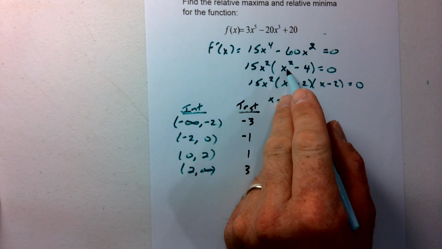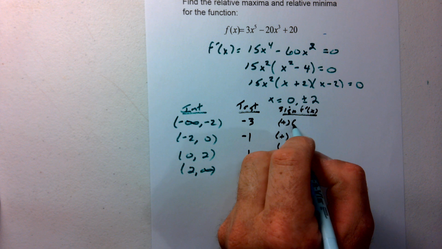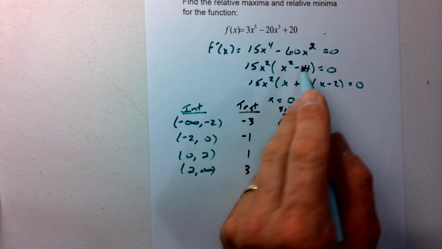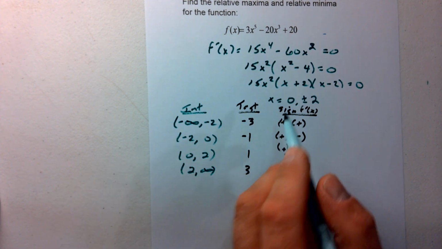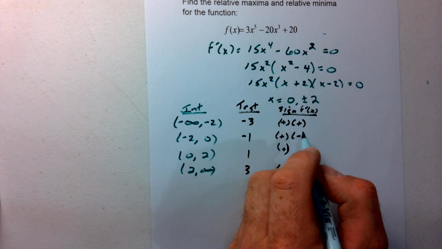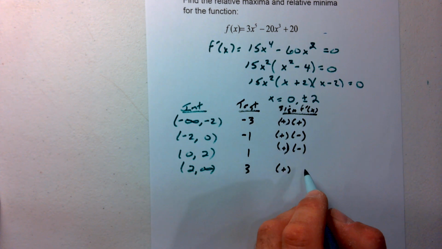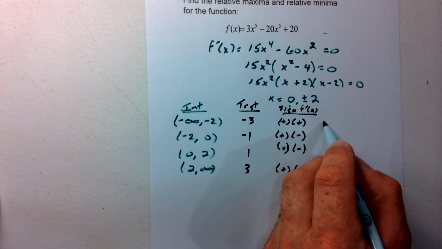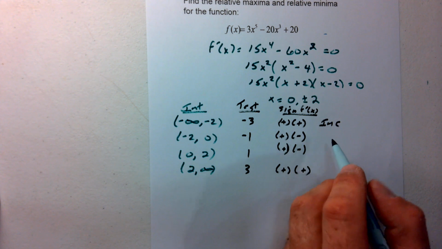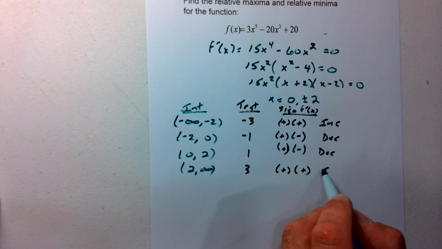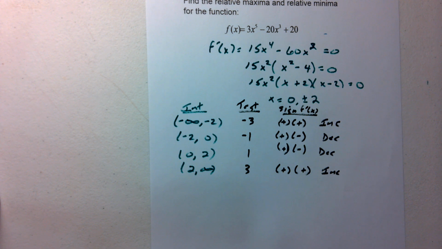So negative 3 squared is 9. 9 minus 4 is a positive. Negative 1 squared is 1 minus 4. That's a negative. And 9 minus 4, when I plug in 3, that gives me a positive. So I'm increasing, then I have a decreasing, another decreasing, and then an increasing.